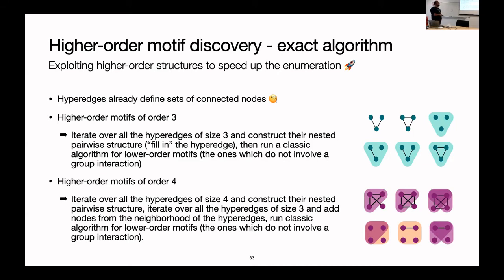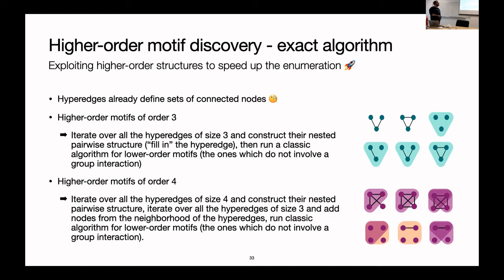We can iterate over all the hyperedges of size 4, because there are motifs that have a group interaction of size 4, which gives 4 nodes, and it's just a motif of 4 nodes. Then we can iterate over the hyperedges of size 3, and this means that for building a motif of order 4, we just need another node: iterating over the hyperedges of size 3 gives 3 nodes, and you take the other one from the neighborhood of this hyperedge.